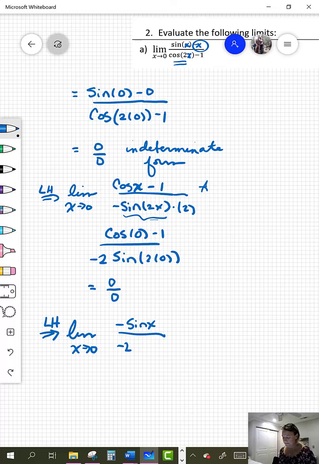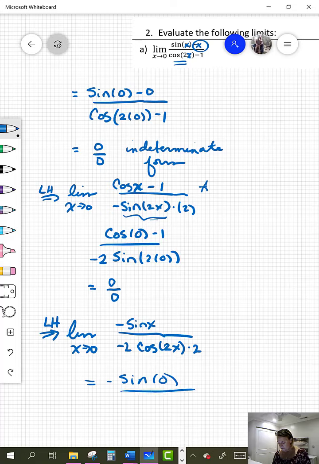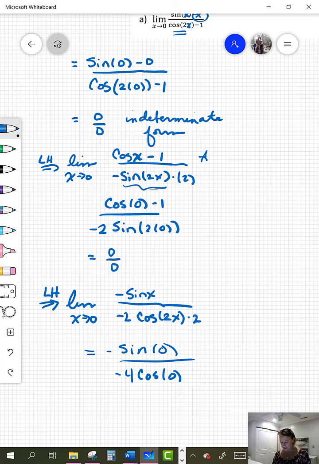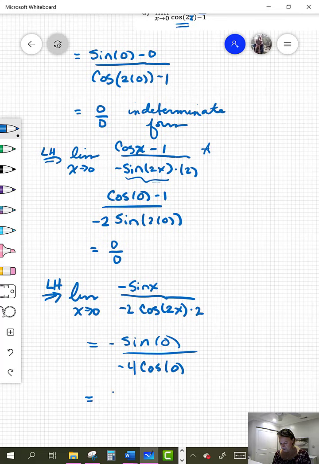Using the chain rule, the derivative of sine is cosine of the inside, 2x, times the derivative of the inside, which is 2. Doing a direct substitution, we get negative sine of 0 all over negative 2 times 2, so negative 4, cosine of 2 times 0, which is 0. And so this gives us 0 over negative 4, which gives us 0.